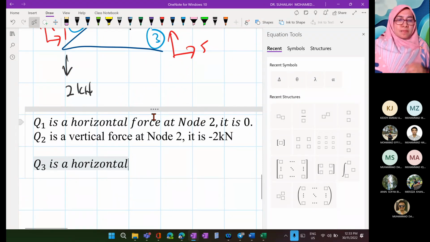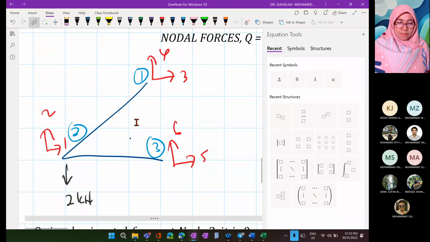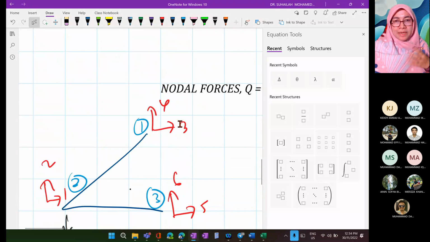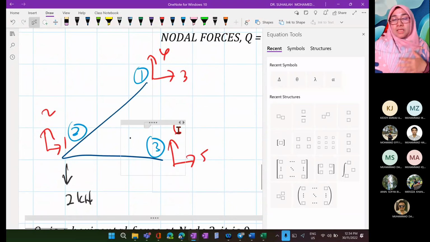To be specific, because of the pin support, it is a horizontal reaction. Horizontal reaction at node 1. And this is an unknown reaction. So you have to understand this. It means you have to be able to read Q1 until Q6 from the main diagram. You must read those values, Q1, Q2, Q3 until Q6.